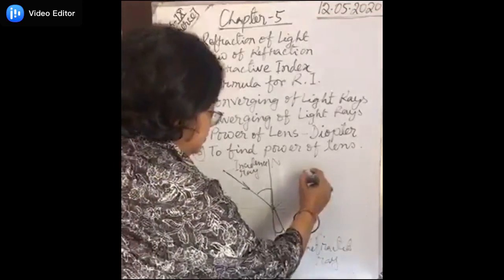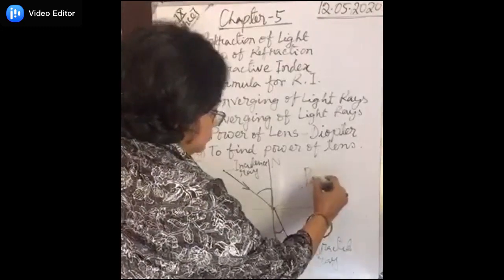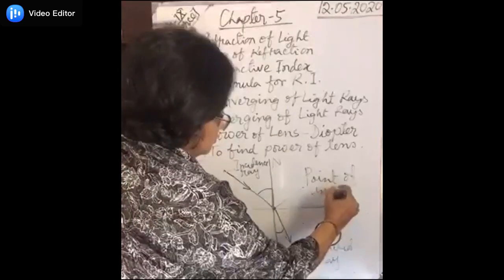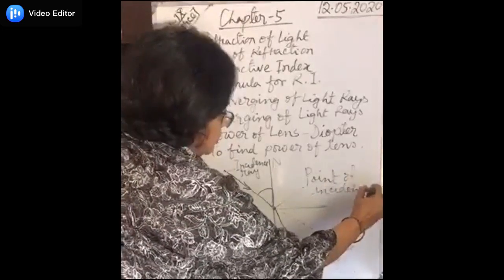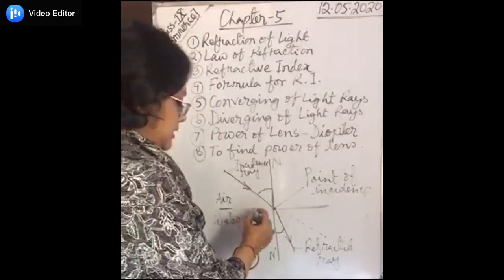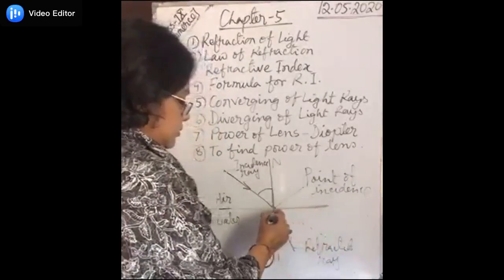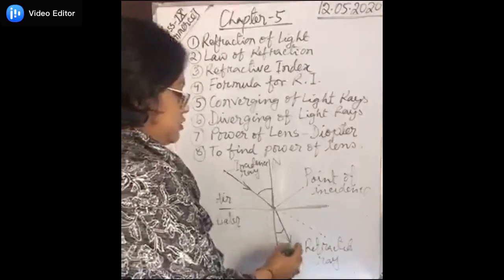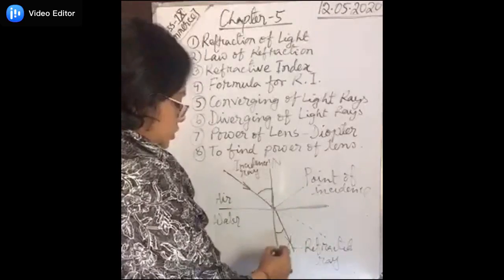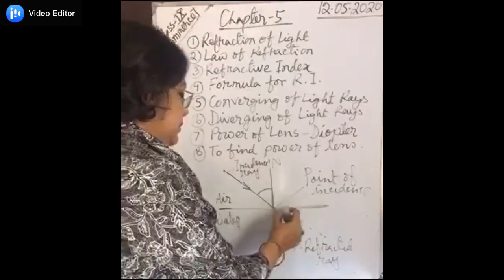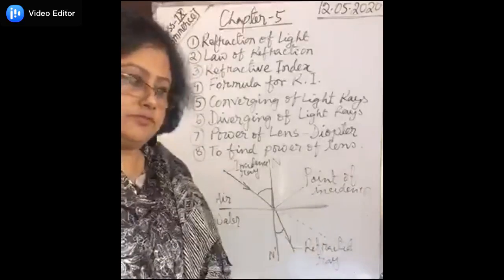What is the name? Point of incidence. All these three things lie on the same plane. Clear? Incidence ray, refracted ray, and normal all lie in the same plane. This is the first law of refraction.